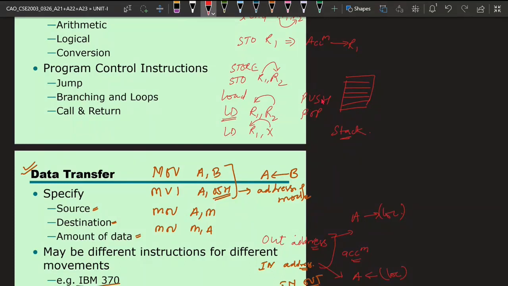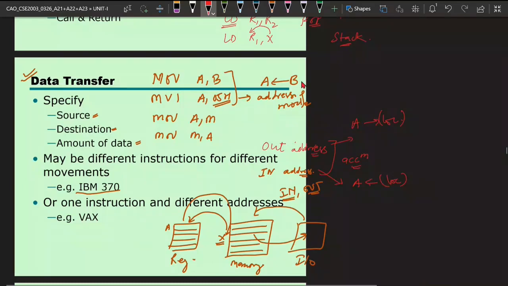Pop and push are the only instructions that use the stack for their operation. Here there will be a stack pointer. When we want to push some data to the stack, we will be using the push instruction. If we want to take some data from the stack, we will be using the pop instruction. We will see these stack related operations in detail later. Okay.